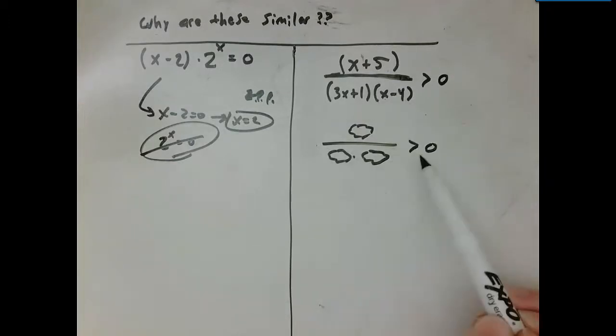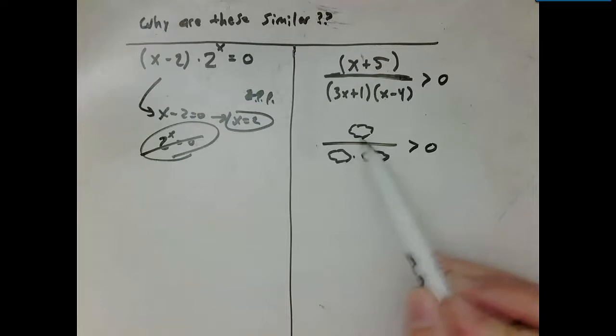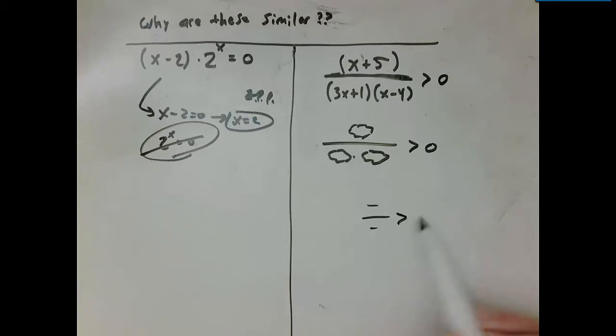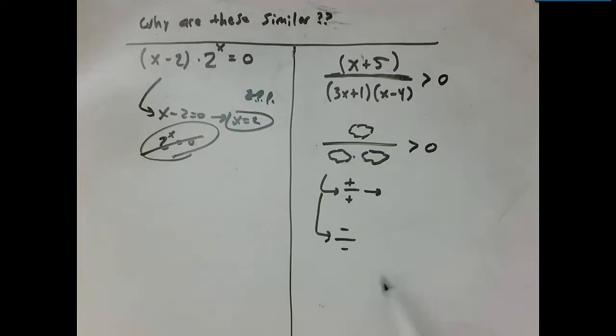Well, if I need this entire expression to be positive, then that means that both the numerator and the denominator have to be positive, or they both have to be negative, because a negative number divided by a negative number equals a positive number. So that leads to two possible ways of thinking about the solution.